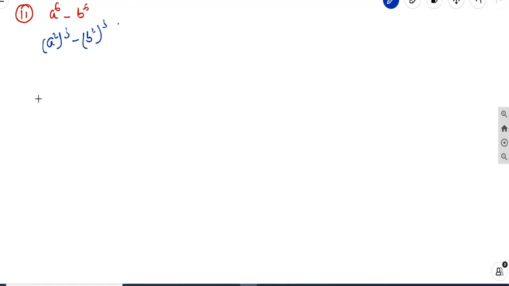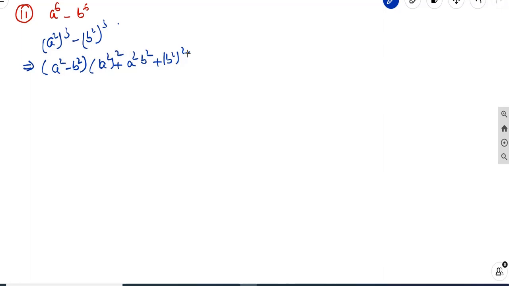Now I'll apply the identity. So it becomes a square minus b square, then open the bracket: a square square plus a square into b square plus b square to the power of square. So this is also a square to the power of square.